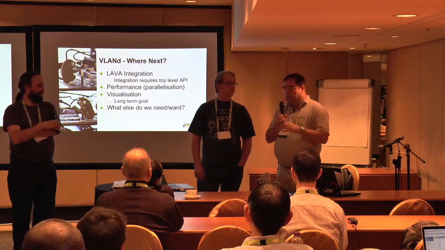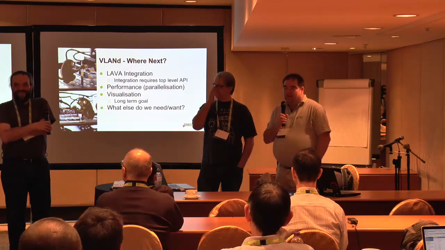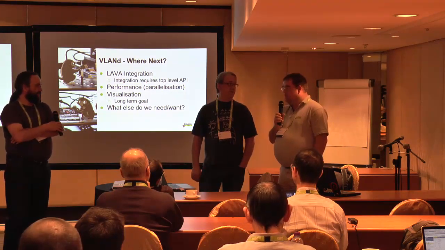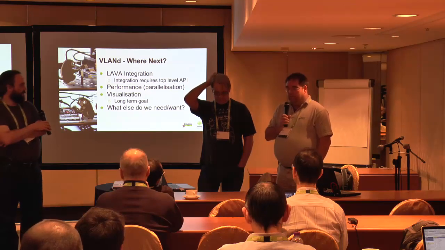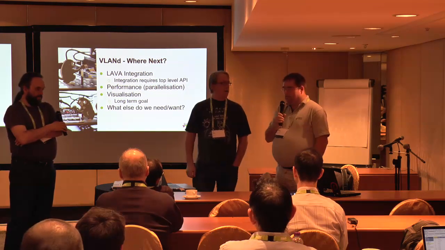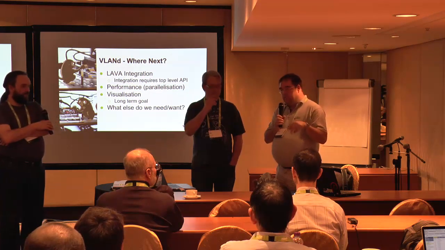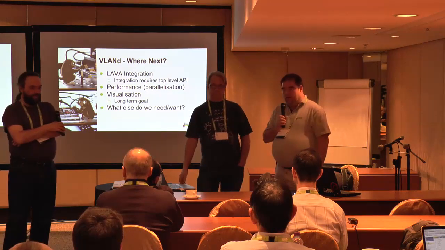Given time, and there will be a LAVA component to this as well, which is why Neil is looking worried, we're expecting to be able to add support for setting up the first VLAN, which is actually to make sure that you're connected to the LAVA server and everything. Go and do all of your installation of your image onto flash, get everything running.